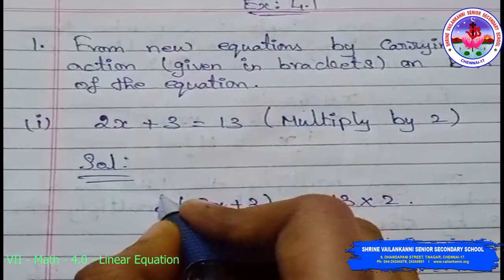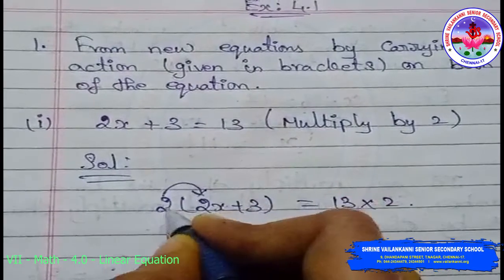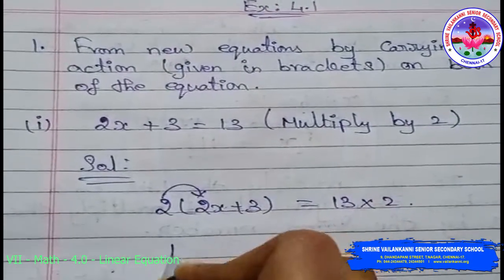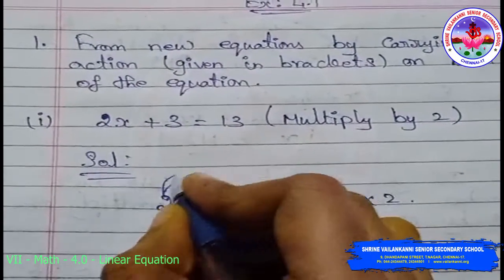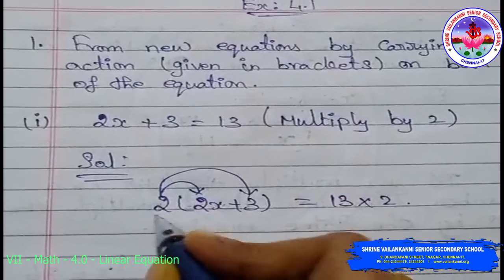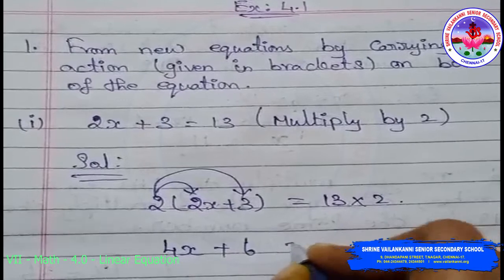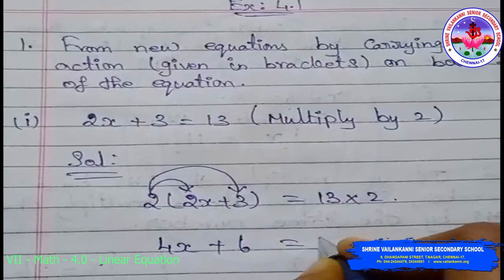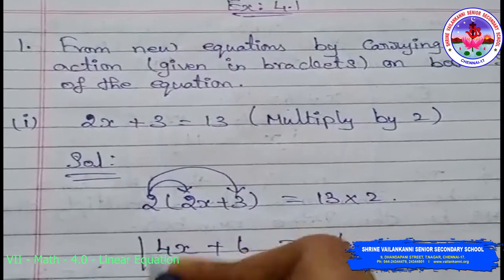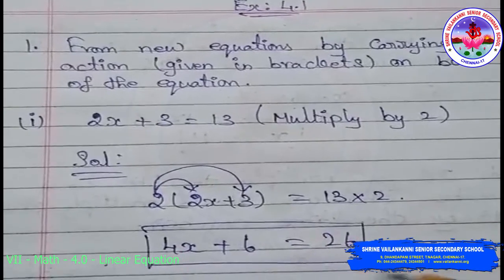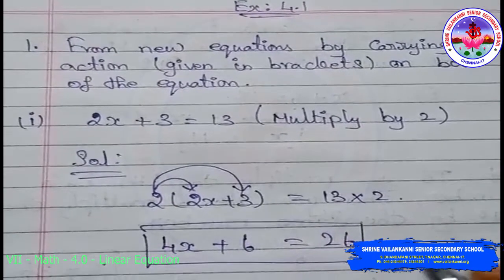Now using the distributive law, 2 into 2, 4x, plus 2 into 3, 6, is equal to 13 into 2, which is 26. Now the new equation is 4x plus 6 is equal to 26.